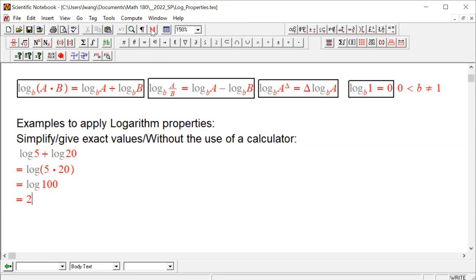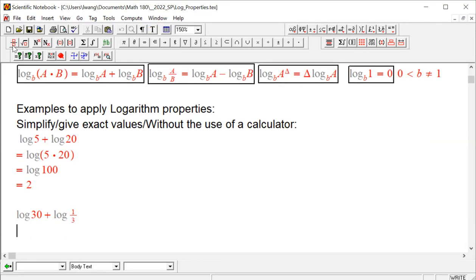Another case, I would have common log 30 plus common log 1/3. Then what do we do? There are actually two ways to do it.